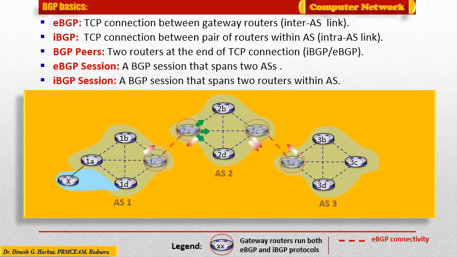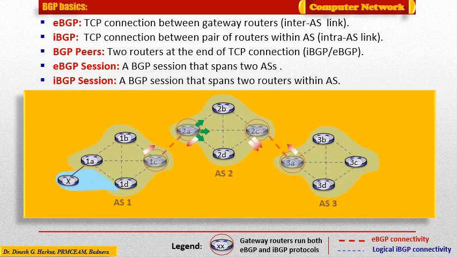There are also semi-permanent BGP TCP connections between routers within an AS. That is one TCP connection for each pair of routers internal to an AS, creating a maze of TCP connections within each AS, as indicated by this blue dashed line.